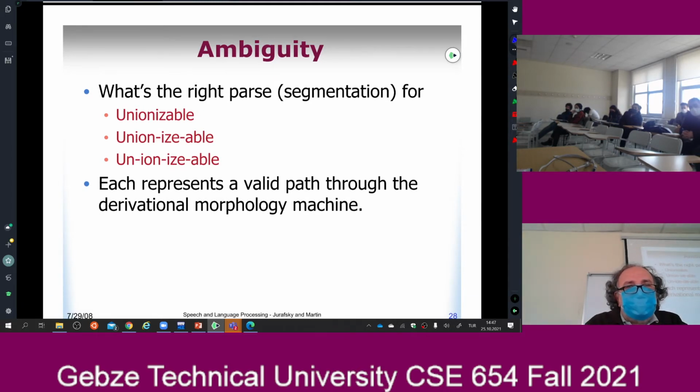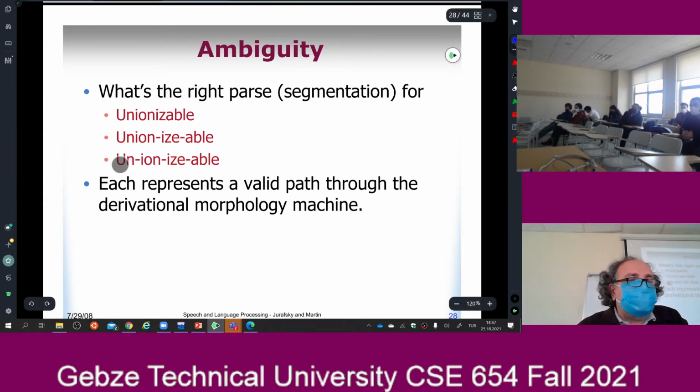Sometimes doing this segmentation or parsing doesn't produce very acceptable results. For example, unionizable. Union is the root, then unionized, unionizable, but this looks like it is acceptable too. Did you see it? This is a prefix, not a suffix. In English, you do that kind of stuff.